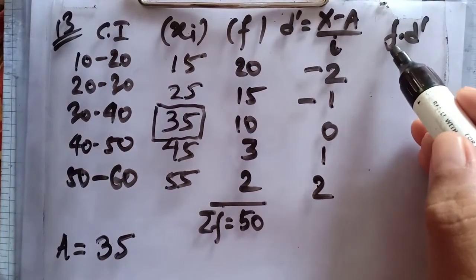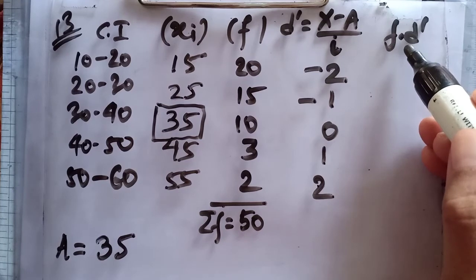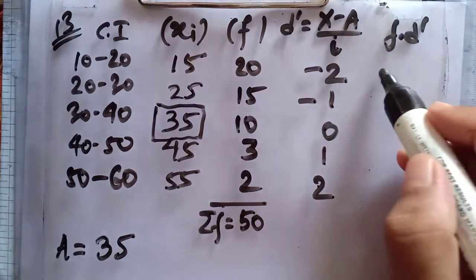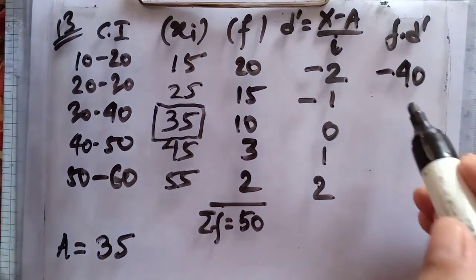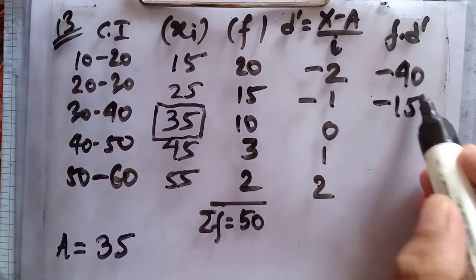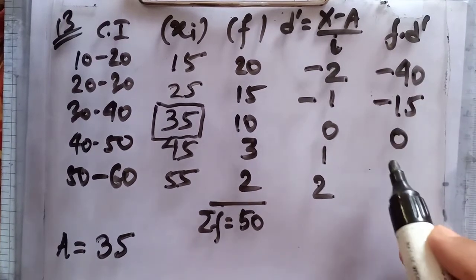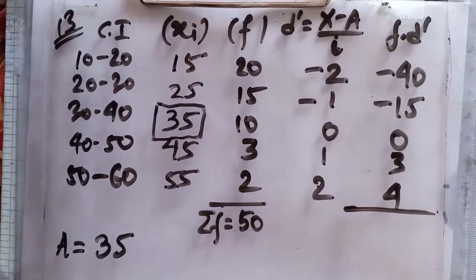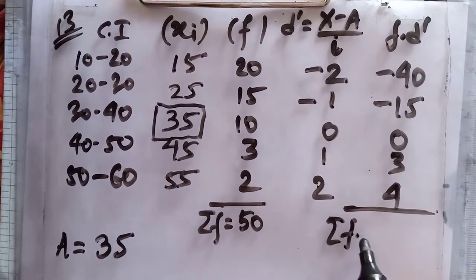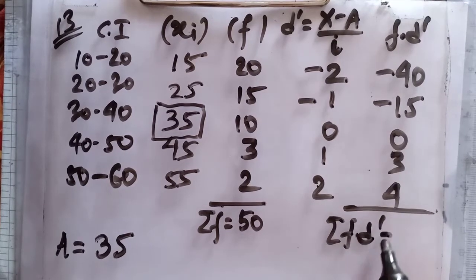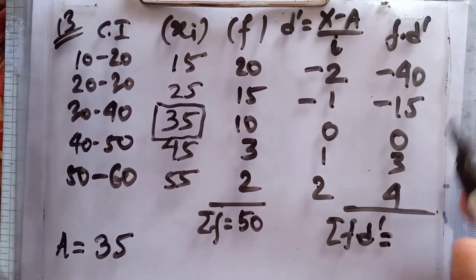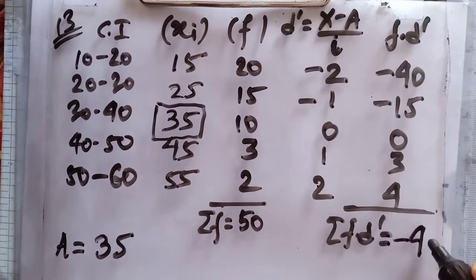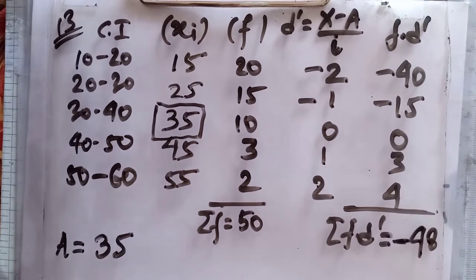Prepare the column for f into d dashed. So f into d dashed becomes minus 40, minus 15, 0, 3 and 4. So when you sum them up, summation of f into d dashed comes as minus 48.